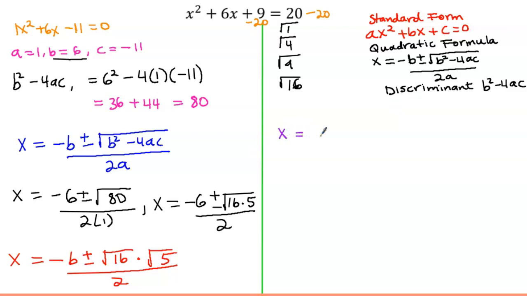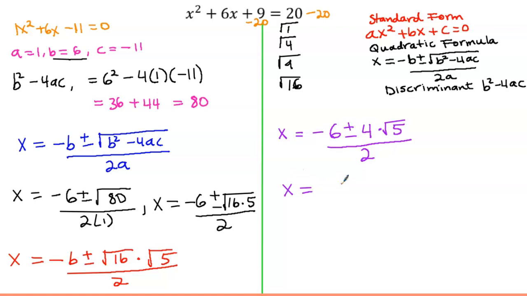So x is equal to negative 6 plus or minus the square root of 16, which is 4, times the square root of 5. The square root of 5 is an irrational number, so we cannot break it into any perfect square, so we leave it like that. Then here we get our 2.